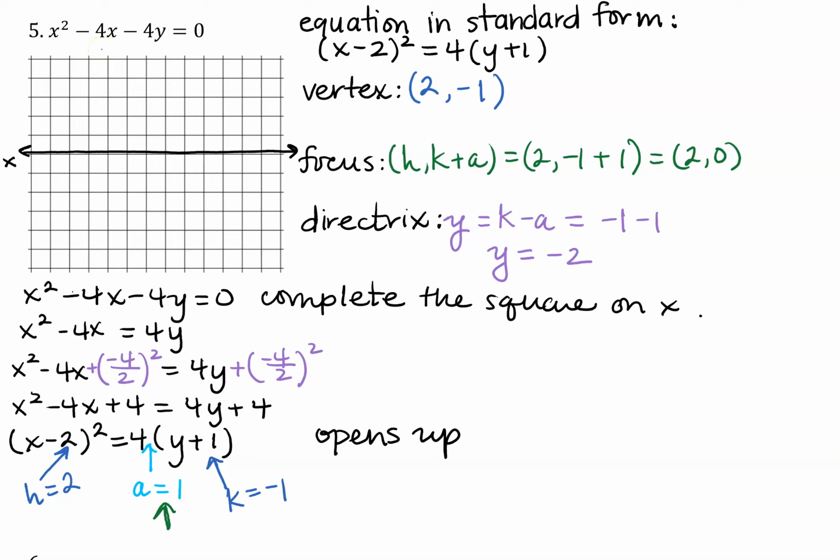So I'm going to move my y-axis over so I have more space on the right side of that. So our vertex is at 2, negative 1. It's right there. Our focus is at 2, 0, so that's just 1 unit above that. And our directrix is the line y is equal to negative 2.